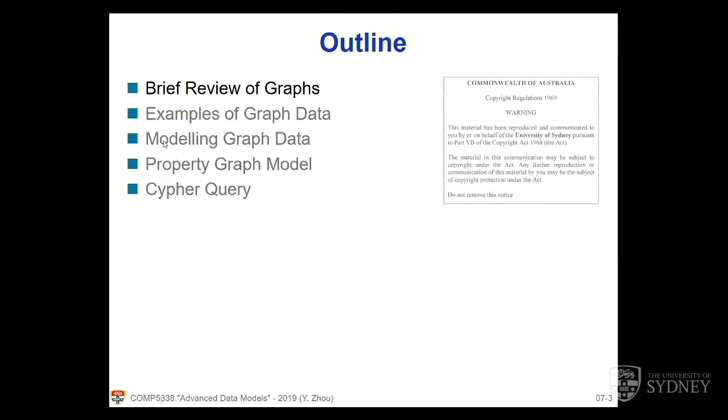Then we will see how we can model graph data with the storage systems we've already known so far. And then we'll introduce yet another very special model designed especially for graph data. That's called the property graph model, and also the system that adopts it, and the query language.